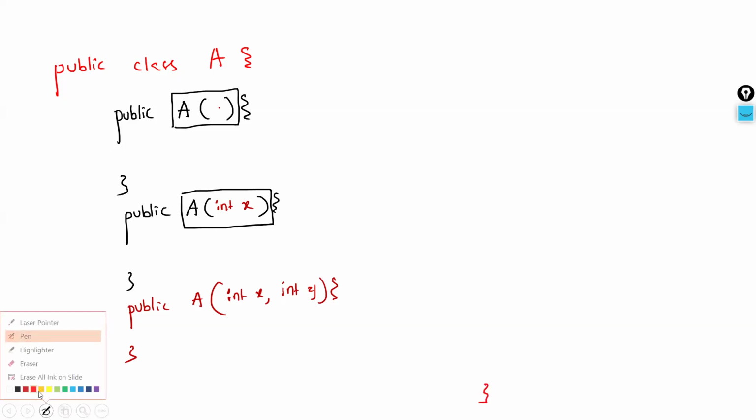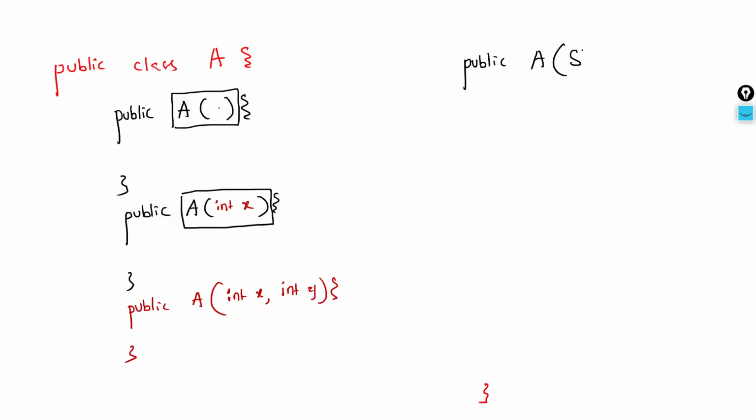Then here I'm going to write one more constructor. Since a class can have n number of constructors, I'm taking one more constructor, the name is A only, and here I'll take string space s, comma, float space f. Correct or not? All of you. So here how many parameters? 2. One is int x, one is int y.